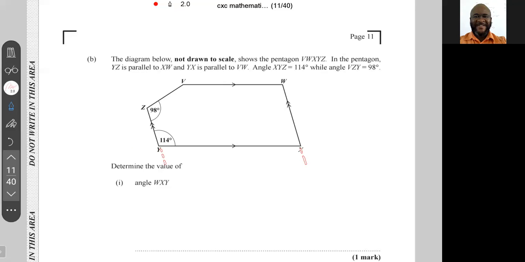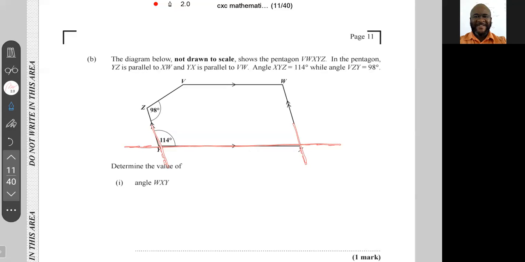And if I extend these, you should see that you have a situation of parallel lines cut by a transversal. Now, when parallel lines are cut by a transversal, the angles between the parallel lines, they're called interior angles.